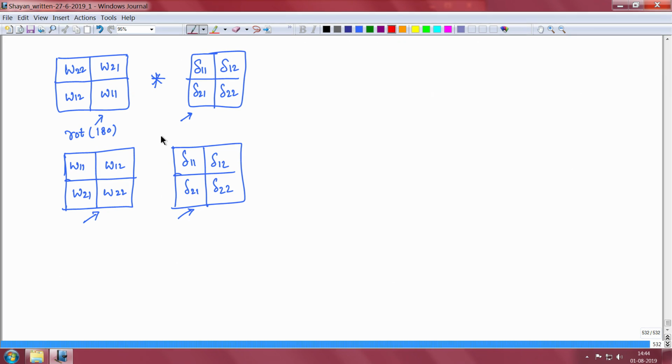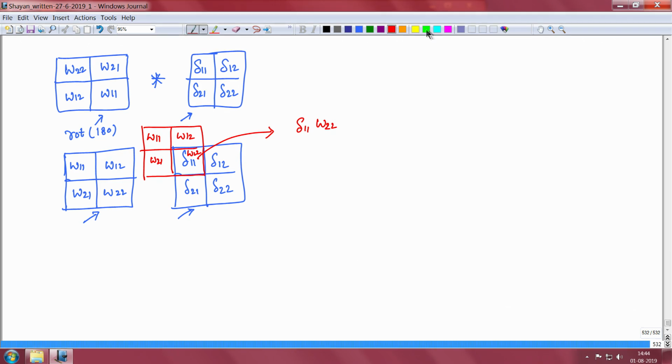Initially the filter will be placed like this. So, this will give us delta 11 W22.